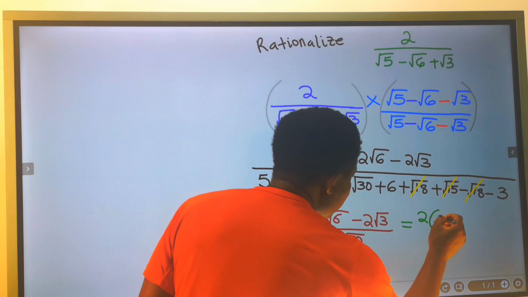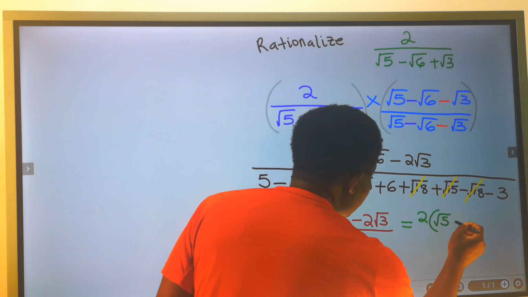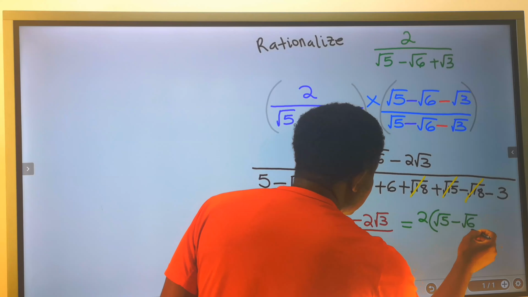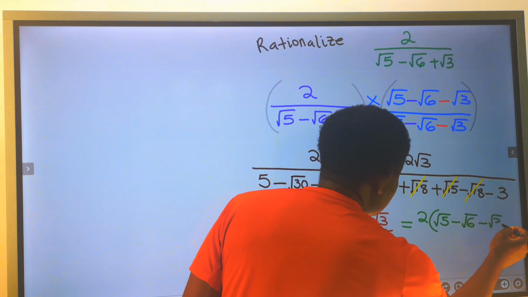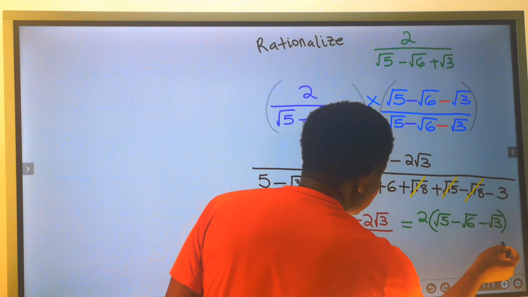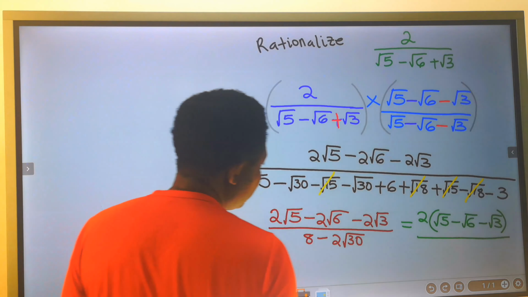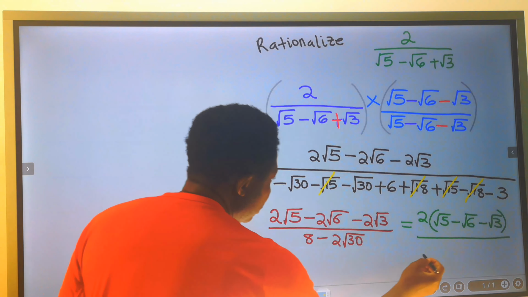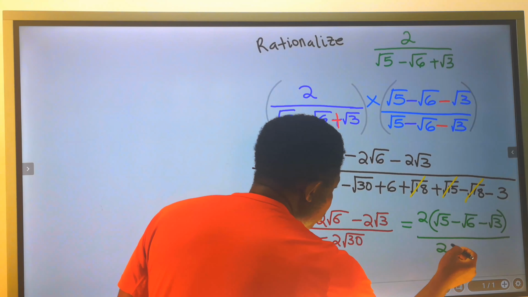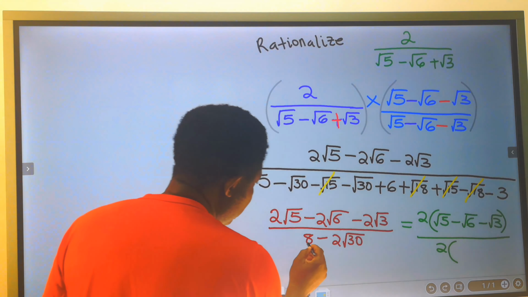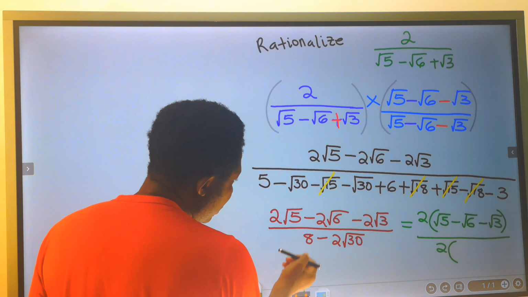We're going to factorize 2 out at the numerator. We're going to have root 5 minus root 6 minus root 3 in bracket, divided by 2 is common here. We're going to have 2 in bracket. 2 times what will give you 8?